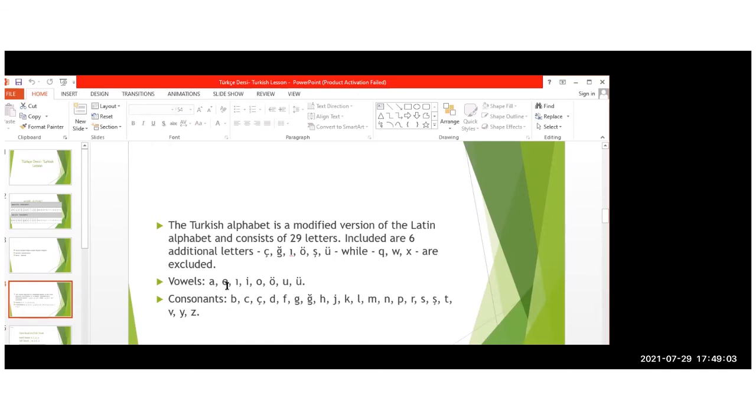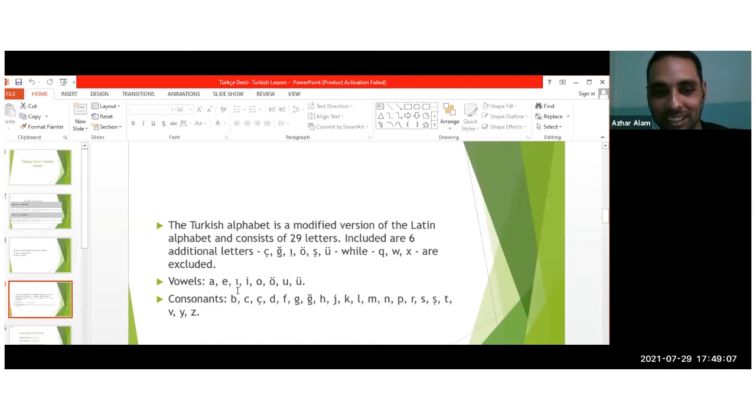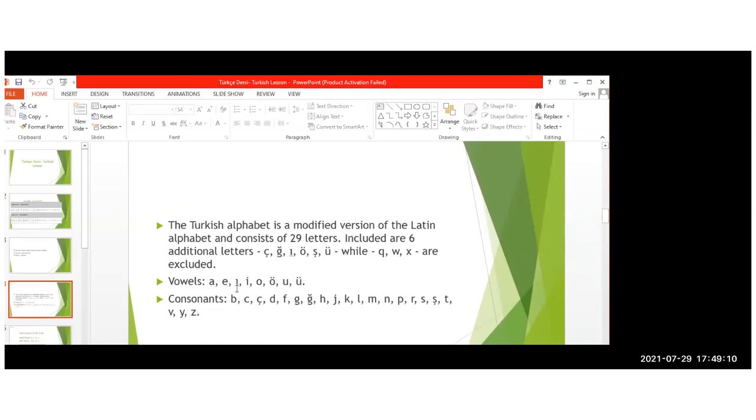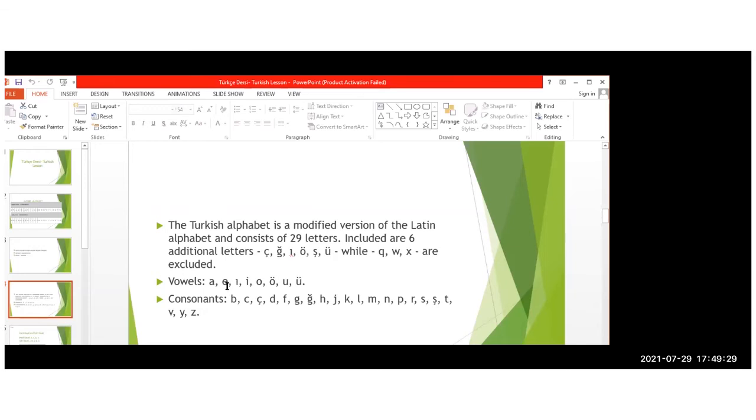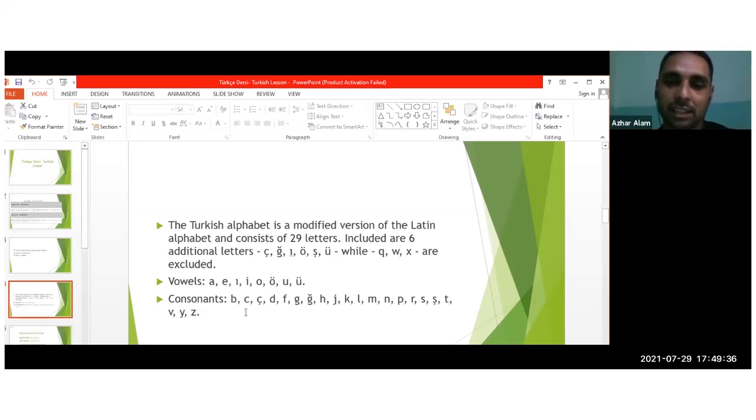A, I, O, U are hard vowels. We do not have any dotted in hard vowels. We only have E, and all the dotted letters in soft vowels. Correct. And the rest are consonants.